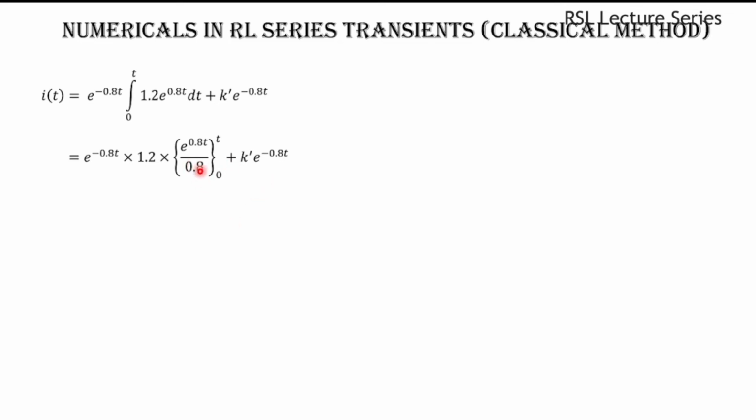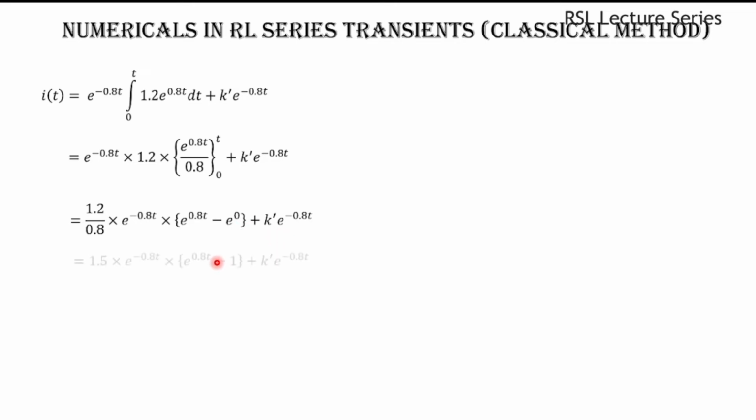Okay, so now this 0.8 can be taken outside, and so we can write this equation as 1.2 divided by 0.8 into e power minus 0.8t into, here we can substitute the limit, upper limit is t and the lower limit is 0. So e power 0.8t minus e power 0, upper limit minus lower limit, plus this term.